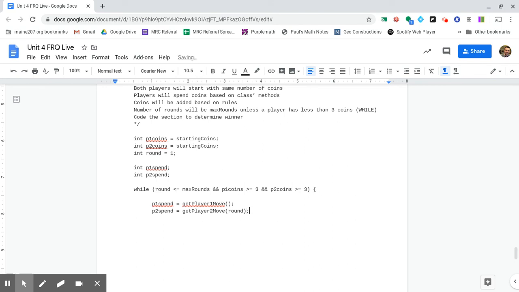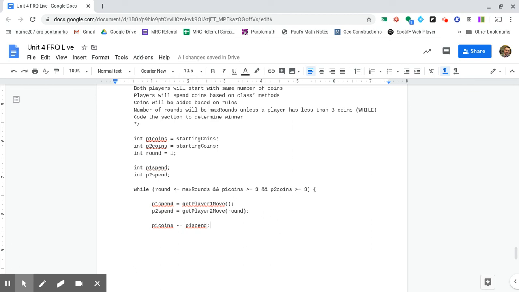Okay. Well, so now I know how much each player is going to spend this round. Let's spend those coins. So P1 coins, excuse me, should be equal to P1 coins minus P1 spend, or whatever the move was, okay?